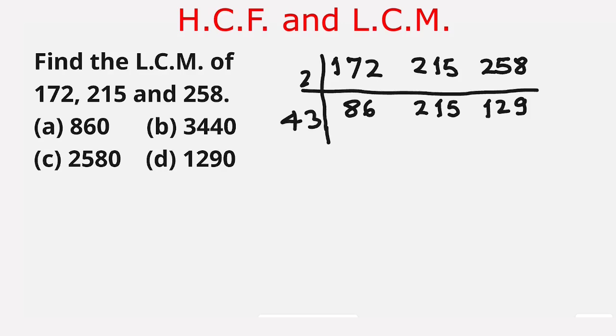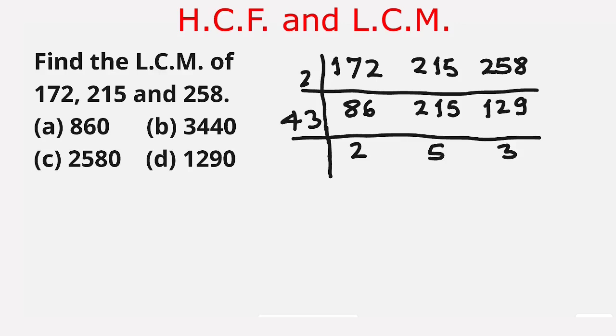So we divide this by 43. 43 divides 86 for 2 times, 215 for 5 times, and 129 for 3 times. Now all the numbers left, 2, 5 and 3, are co-prime numbers. So we cannot take anything common from these numbers.